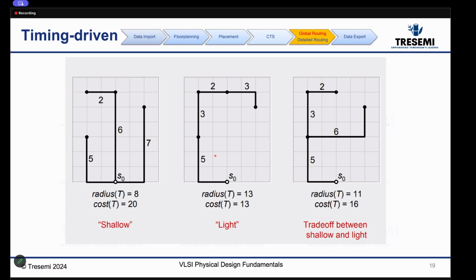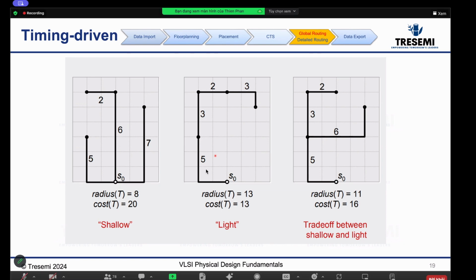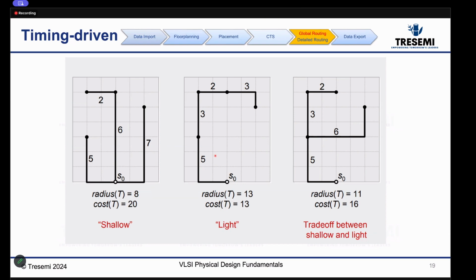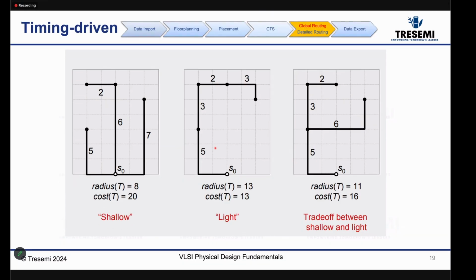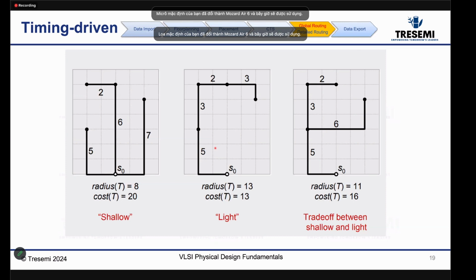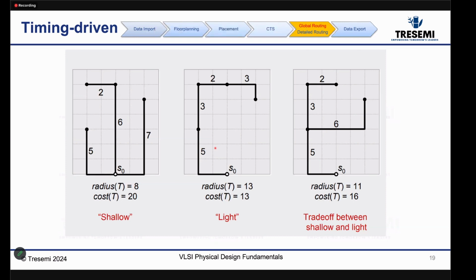That's why, when you come in to do a quick route, and then timing driven routing, they look at the whole set of the critical nets and ask, do I need to reroute some of these? So change the topology of these nets to make it better, right? The wire length is no longer the number one priority for those nets. The delay is the priority.